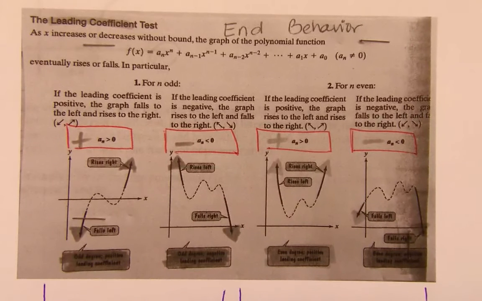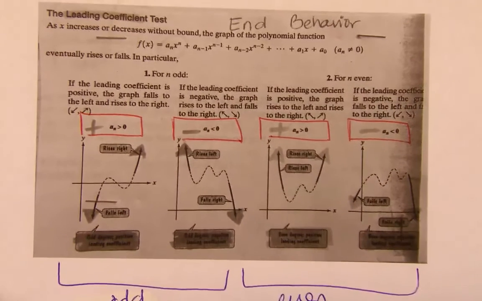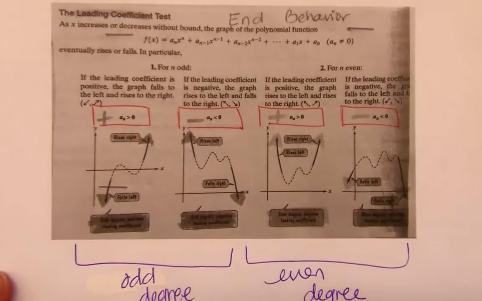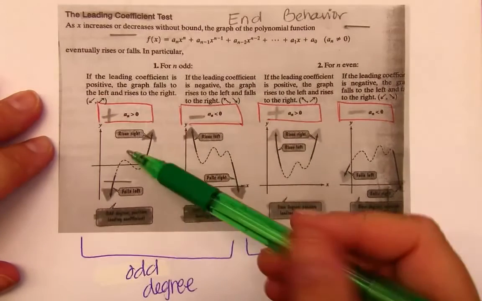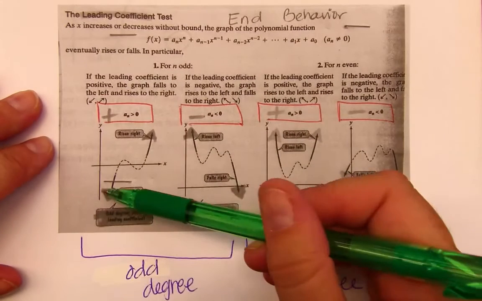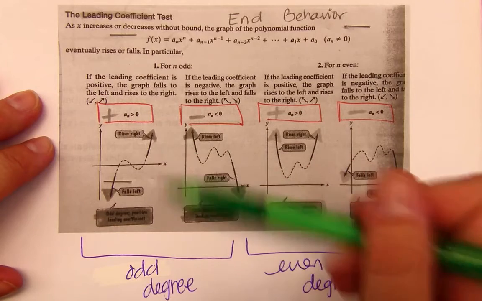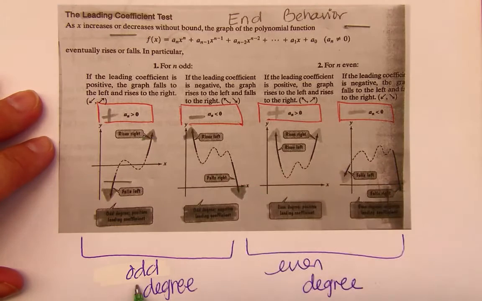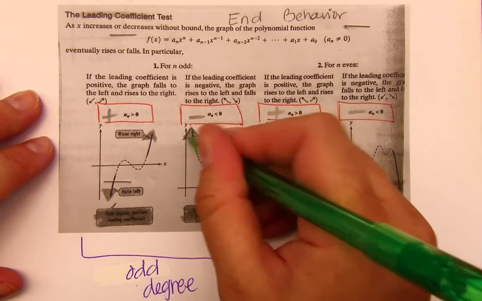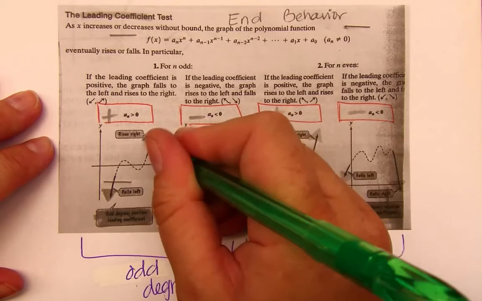Now we want to talk about the end behavior of a function. Okay, I'm going to need to zoom out here a little bit. You'll probably be able to see this better on your paper than in this video. But looking at these functions here, if I have something where the arrows, the ending arrows, go in opposite directions, then this is something of an odd degree. So notice these, we have the arrows going in opposite directions here.